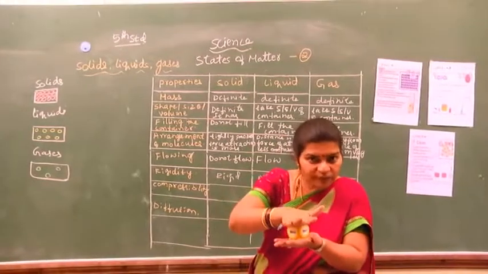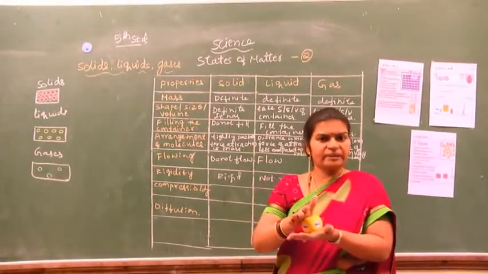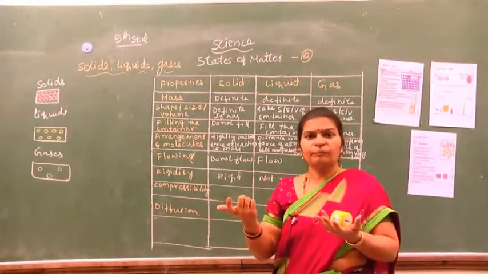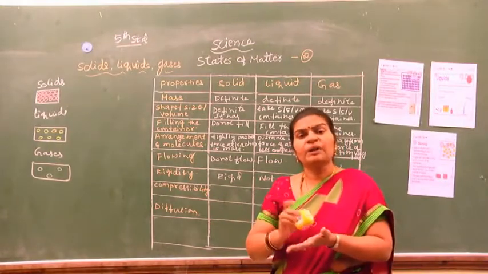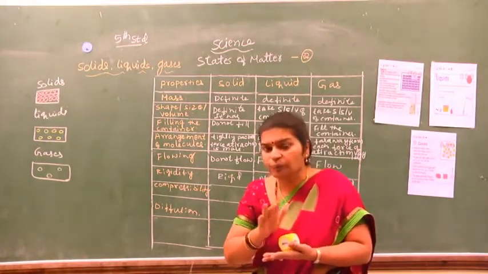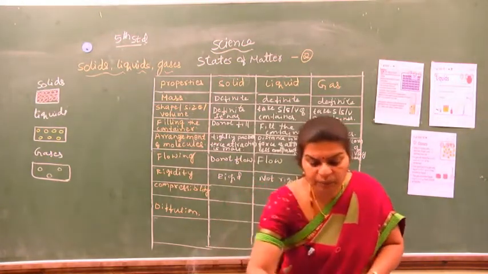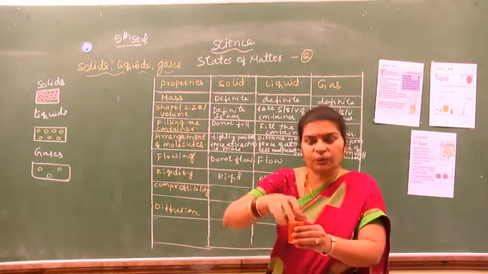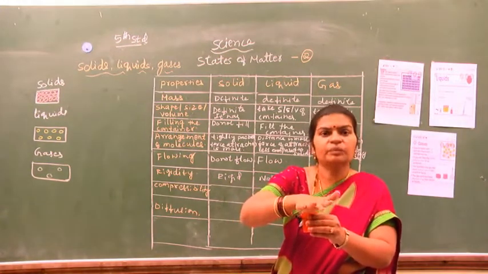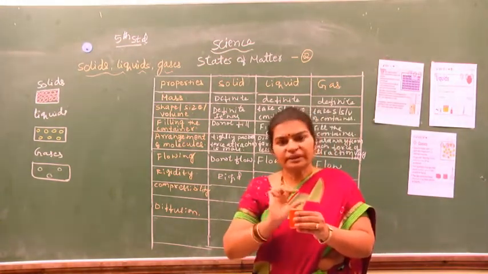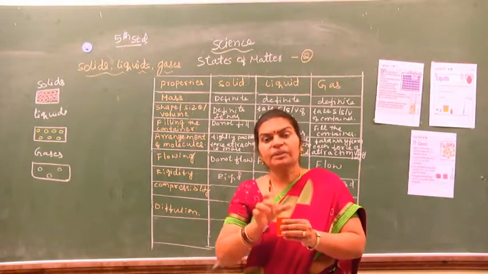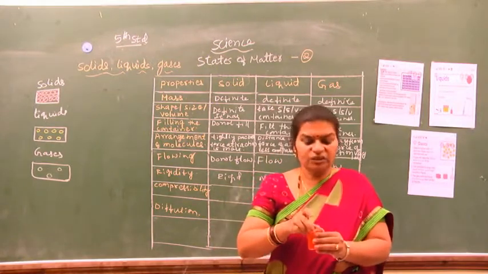When I apply force on this solid, is it going to change the shape? No, it is not going to change the shape or the volume. The volume will be one and the same. In the same way, when I apply force or pressure on the liquid, it is not going to change the volume. The volume will be definite.